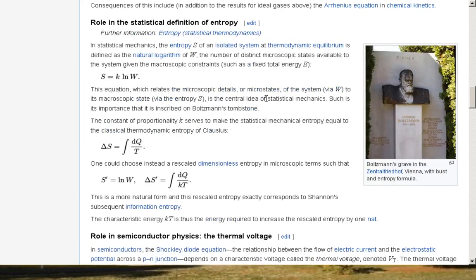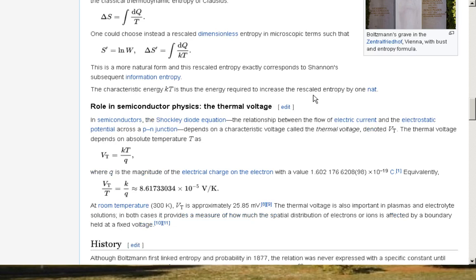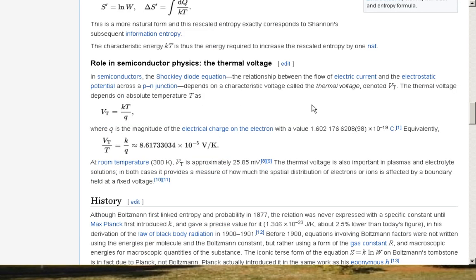Talking about chemical kinetics. Role in semiconductor physics. Q is the magnitude of the electrical charge of an electron. Equivalently, Vt equals kT over q.